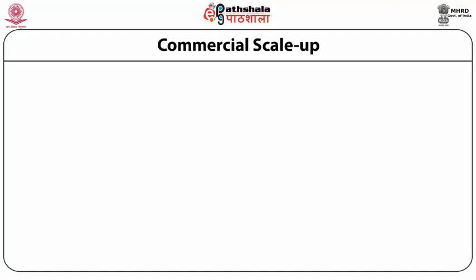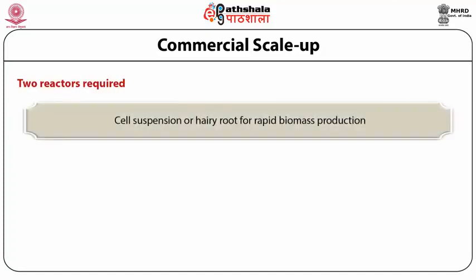Now for commercial scale up, this is just to summarize what we have discussed earlier. Since the process is biphasic, a biomass production stage and a secondary metabolite production stage, there can be two sets of bioreactors. In the first one, you can grow your cell suspension or hairy root cultures for large scale production, or you can say for biomass production.